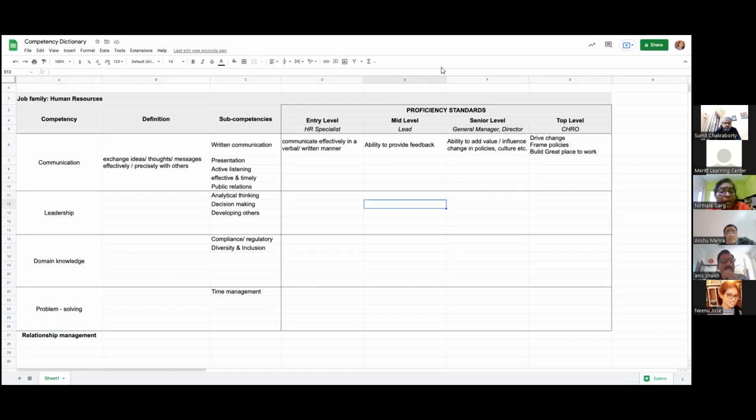Okay, fine. I will go with those. Now think at the top level. What are you expecting from this HR function at the top level, as an HR head, as a vice president HR? What do you think he has to do as a leader? Just think about it for your organization, because two of you are heading HR departments.